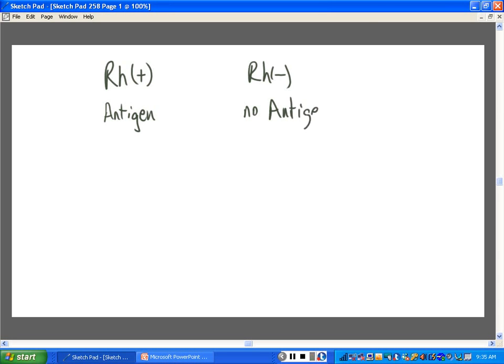It's all about the antigens. Where are antigens found? Excellent, on the surface of red blood cells. Therefore, many of you already knew this and you were going, I know my blood type, it's O positive. And you were wondering, well, where's the positive part come in? That means you also have RH factor as well.